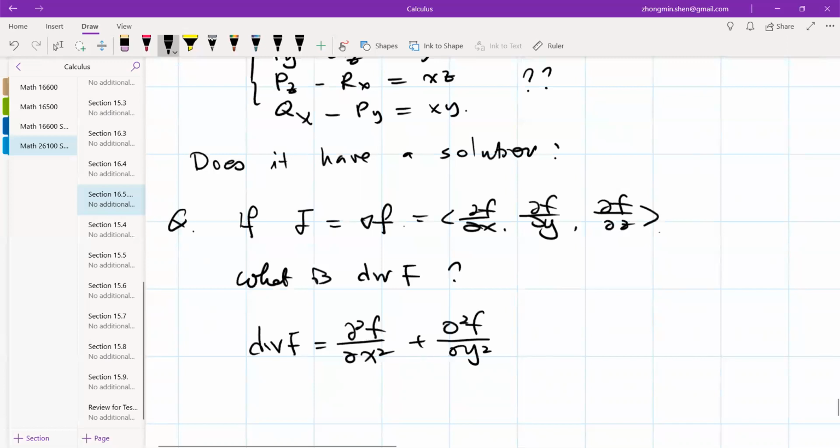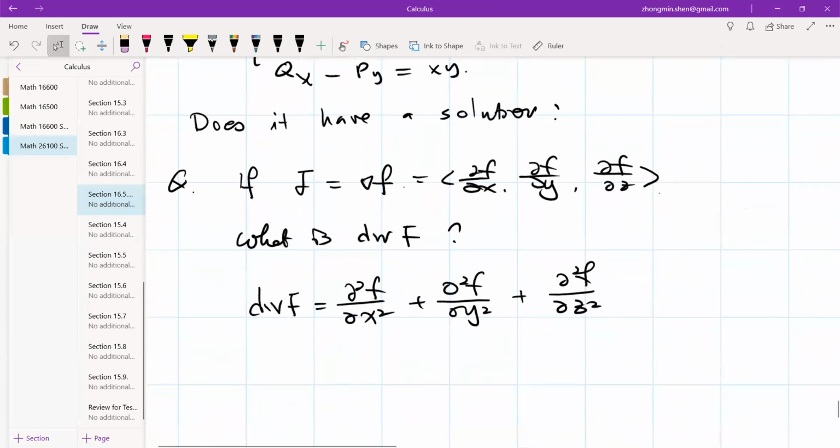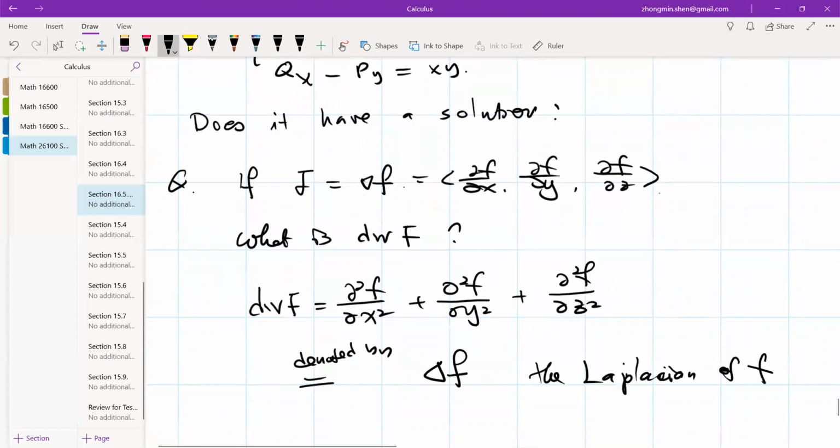You get second derivatives. In mathematics, this is denoted by delta f, called the Laplacian of f.